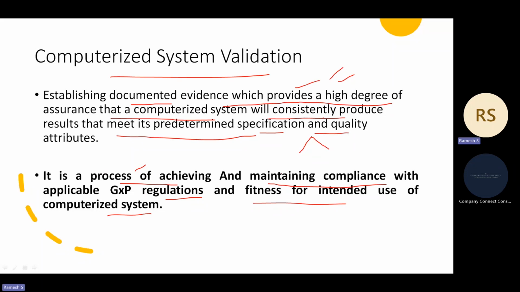It's mandatory. So if we are performing computerized system validation, then we are maintaining compliance with applicable GXP regulations, and with CSV, we are also ensuring fitness for intended use of that computerized system. So this is nothing but computerized system validation.